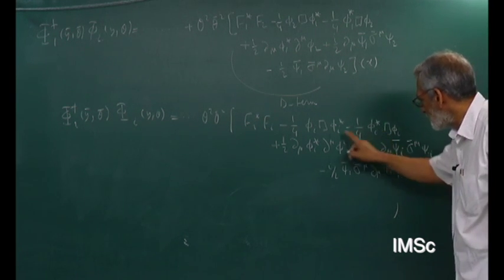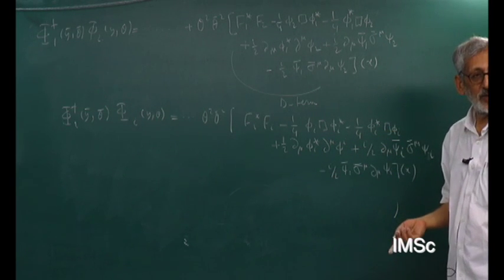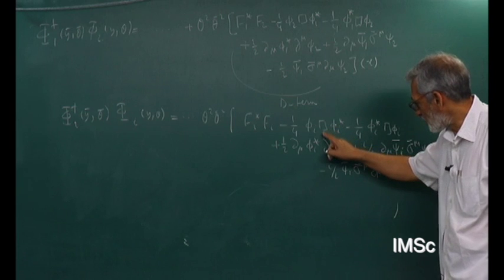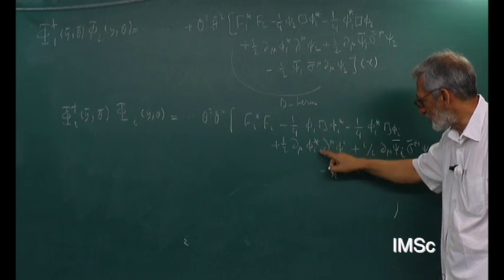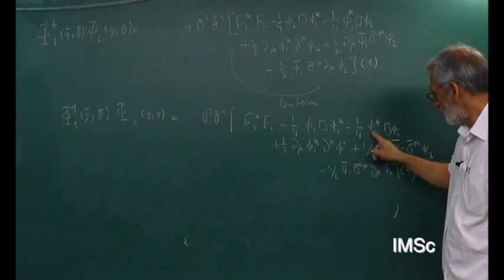Now notice these terms, these three terms, they differ by a total derivative. Straightforward. So by partial integration, I can convert this into this up to a total derivative. This also into this.